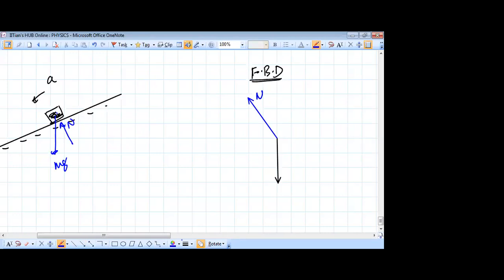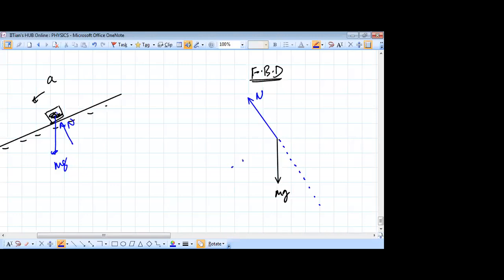So normal reaction will be like this, we see mg will be such that if this is your axis which is normal to the inclined plane, this is the line along which the normal reaction is acting.